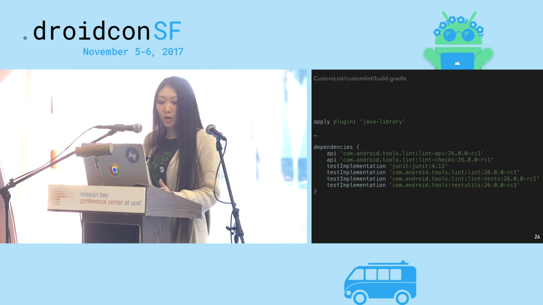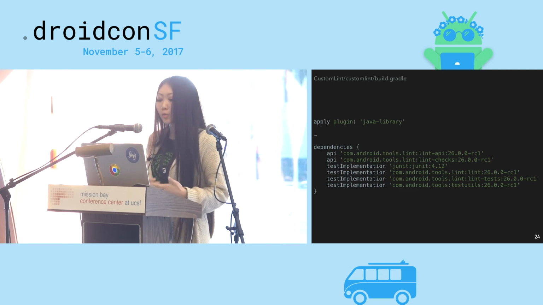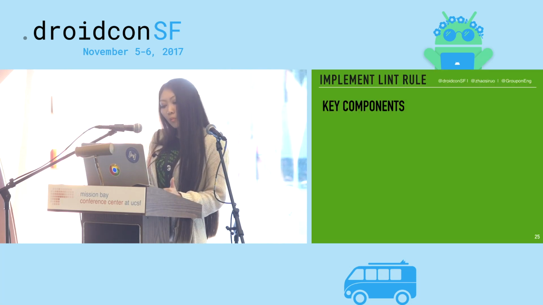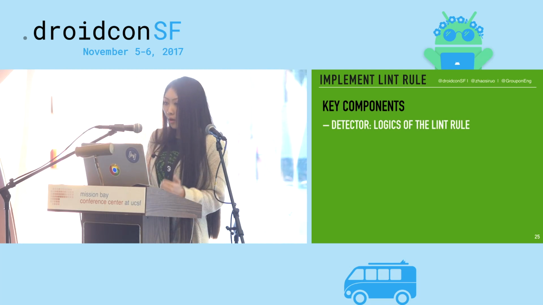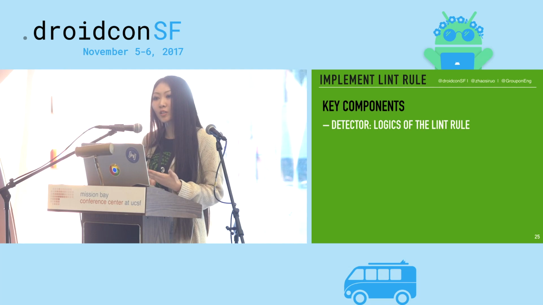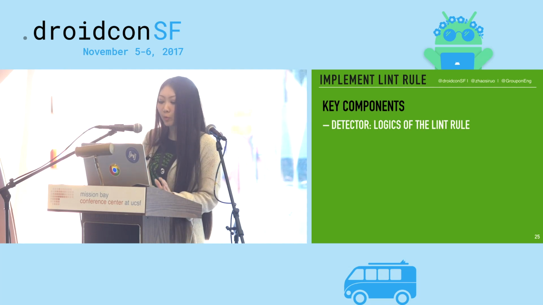Before writing the Java code, let's take a closer look at the key components in customizing a Lint rule. So the most important part is the detector. It holds the logic on how to identify the issue, or issues, because one detector can actually detect one or multiple issues. A detector includes issues and a scanner.